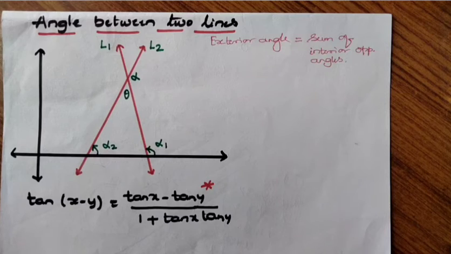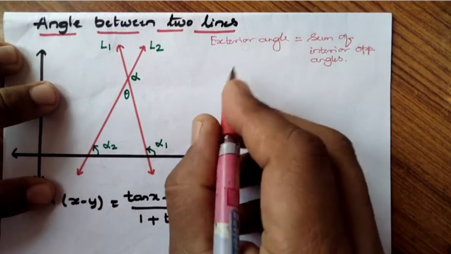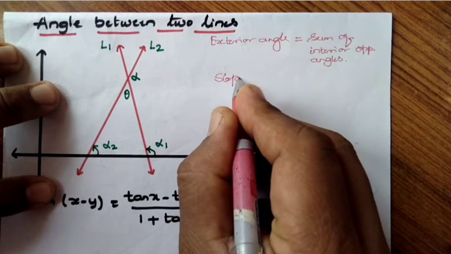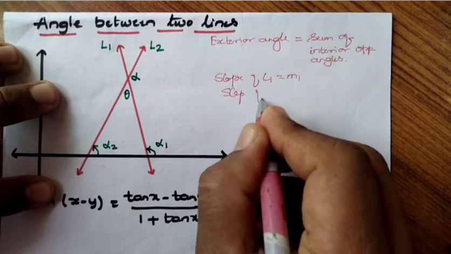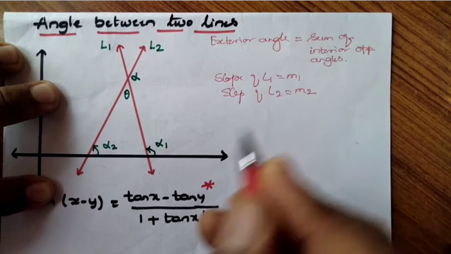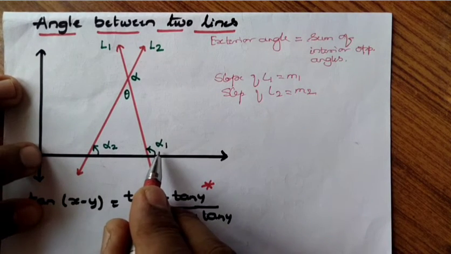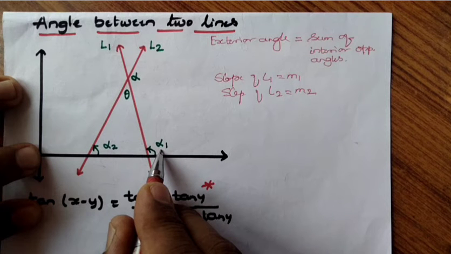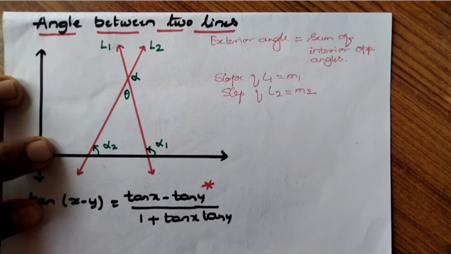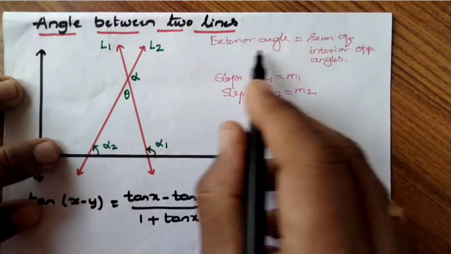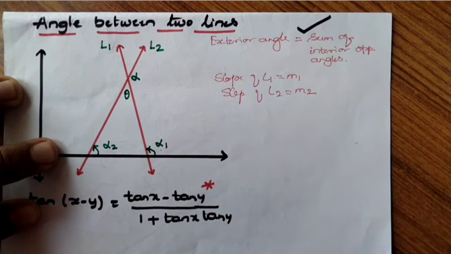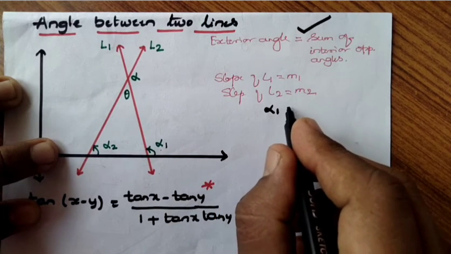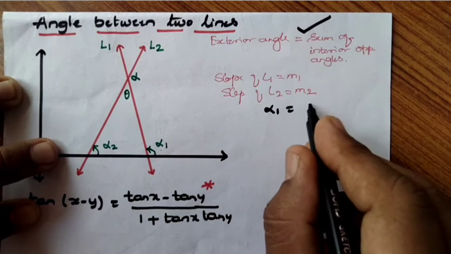Then clearly the slope of L1, I take it as M1, and the slope of L2 is M2. Here alpha 1 is an exterior angle, and we know that an exterior angle is equal to the sum of the interior opposite angles. Yes or no? So here alpha 1 equals alpha 2 plus theta.